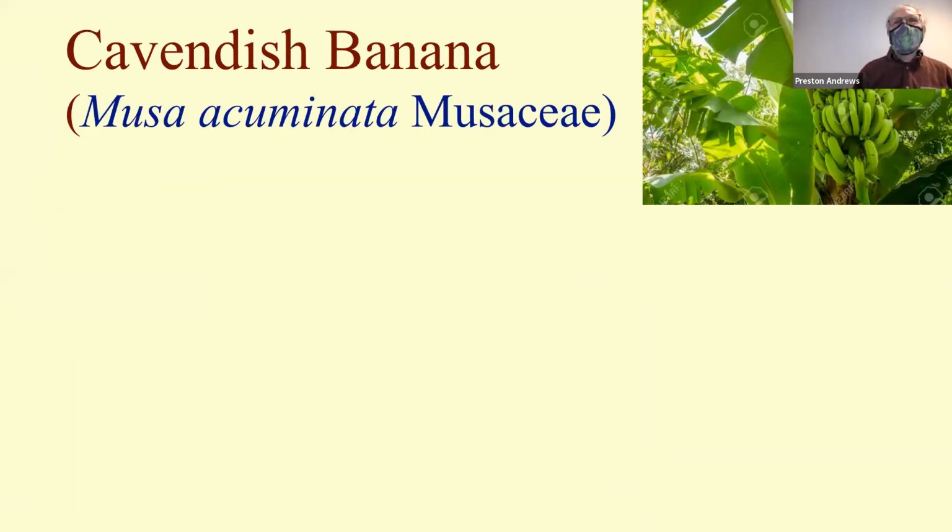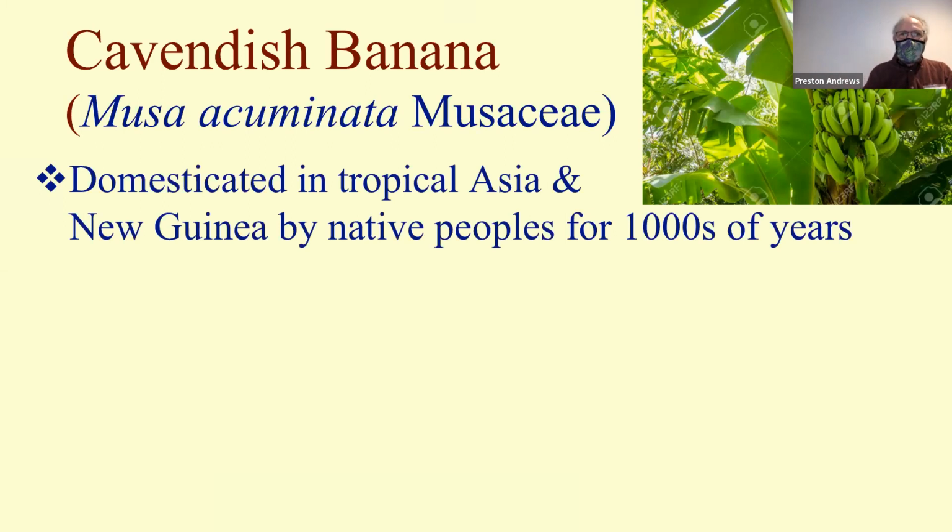Now, there are some very important economic plants that were transported in Wardian cases and distributed throughout the world. I'm going to give 5 examples here for you. First one, the Cavendish banana. This is the banana that we get in the marketplace. It's been domesticated by native people for thousands of years in Asia and New Guinea, where it's native.